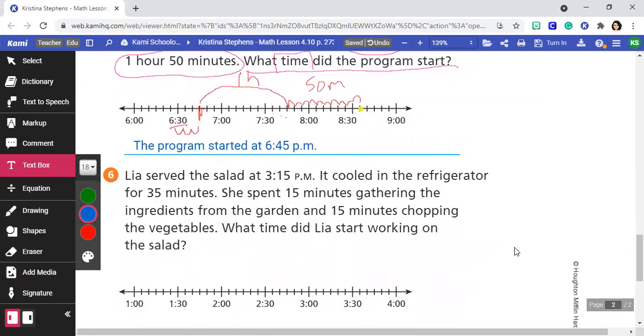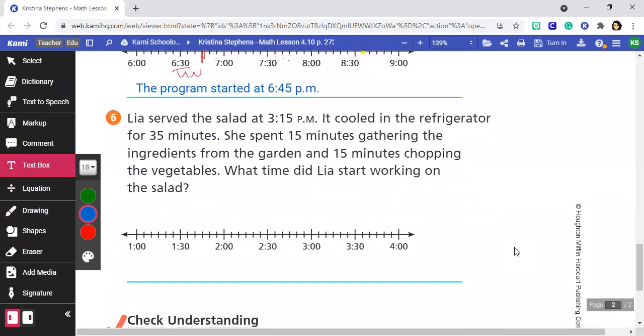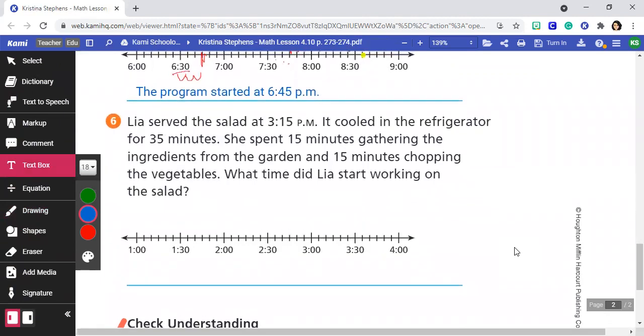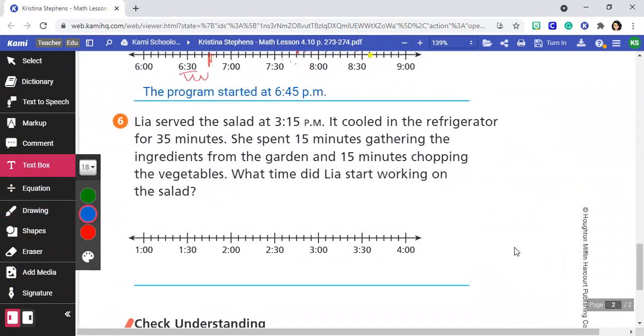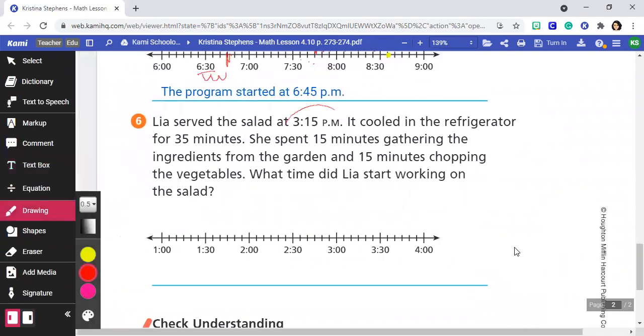Okay, third graders. Last one before your check for understanding. Leah served the salad at 3:15 p.m. It cooled in the refrigerator for 35 minutes. She spent 15 minutes gathering the ingredients from the garden and 15 minutes chopping the vegetables.